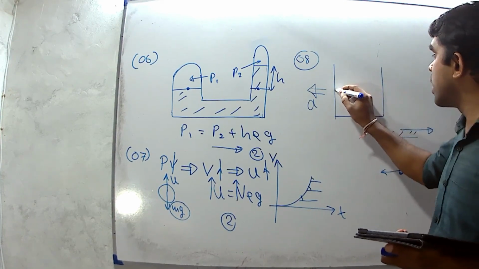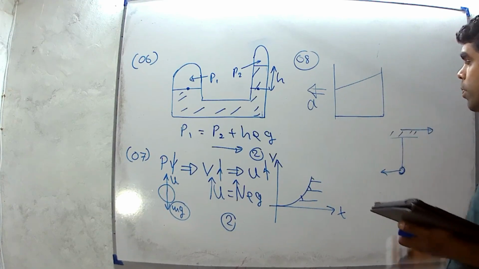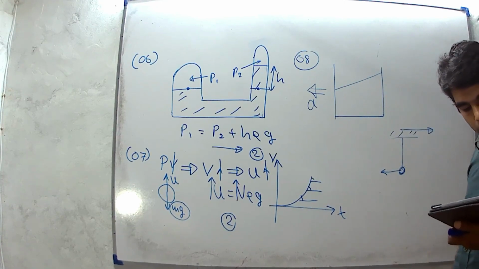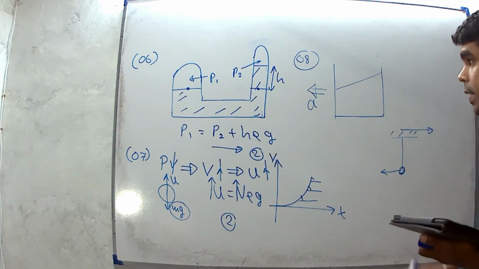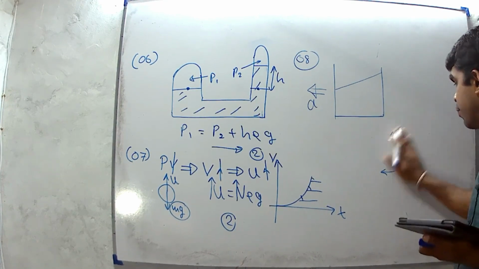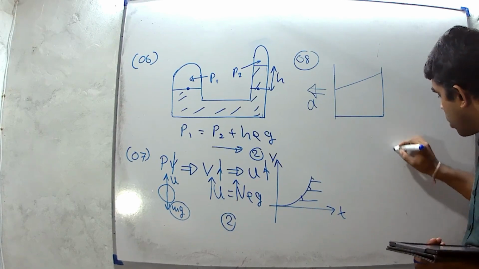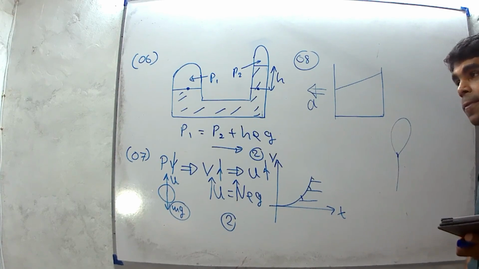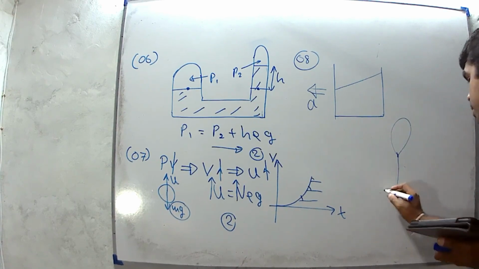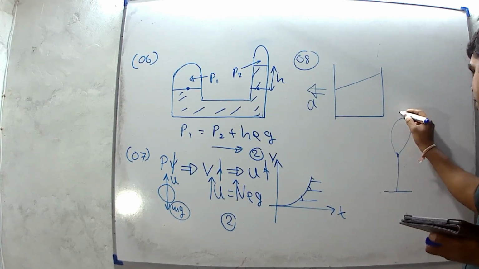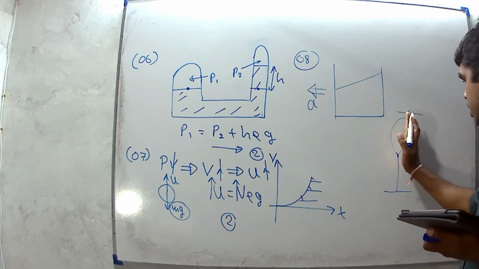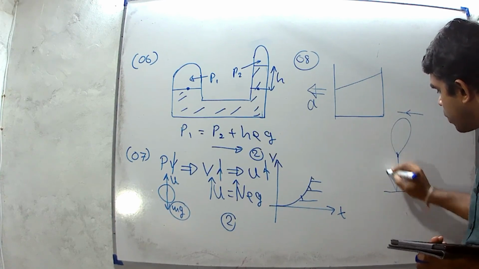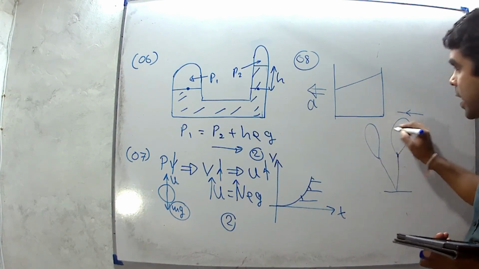Therefore, the water surface should be like this. It should move in the backward direction. And the second theory is, if we consider an object which has a lesser density than the outer medium, when accelerating the system, this object should move in the forward direction, like a helium balloon.